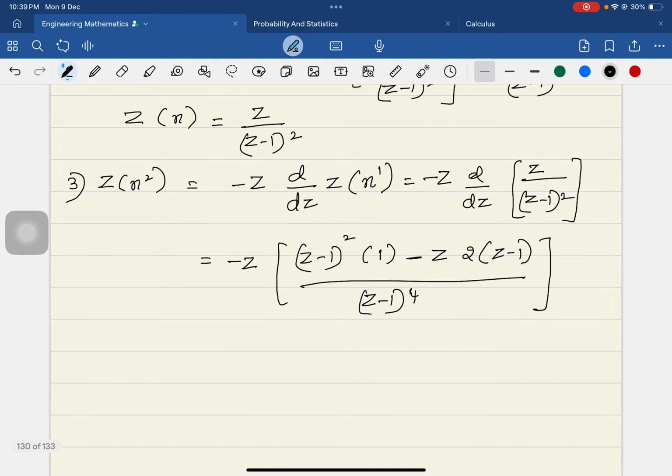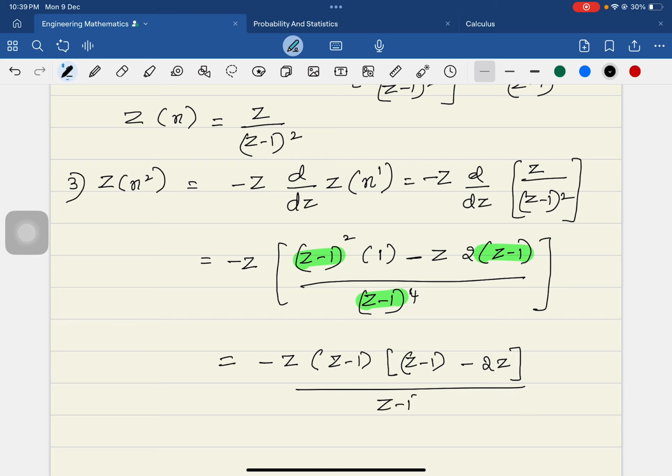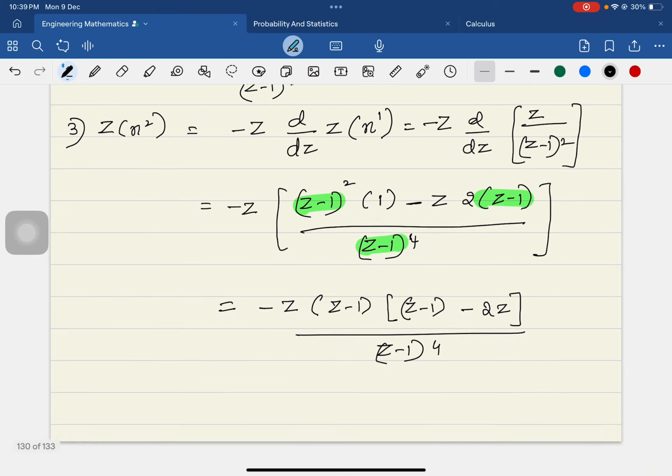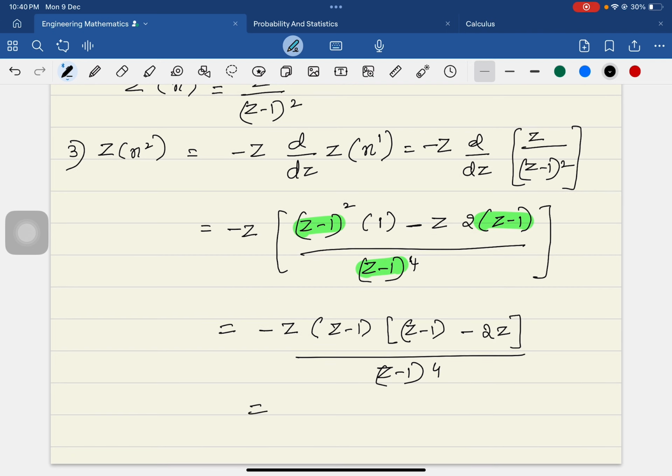Okay. Now if you observe, there is z minus 1 common in every term. So I will take z minus 1 common outside, then one z minus 1 is left over here, and minus 2 into z minus 1, so 2z, over z minus 1 the whole power 4. So now one z minus 1 gets cancelled.